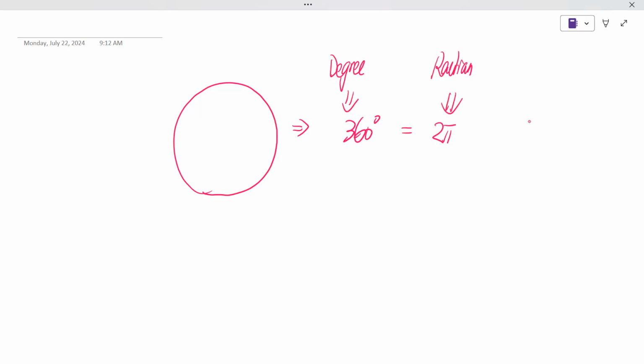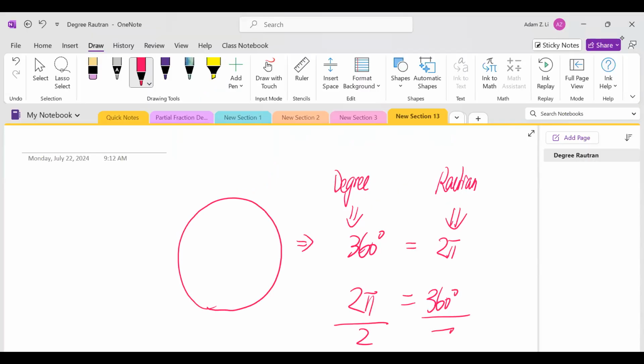Meaning 2 pi equals 360 degrees. Then we divide both sides of the equation by 2, and pi is equal to 180 degrees, right? That's how mathematicians built a foundation, starting from the degree measurement and radian measurement.